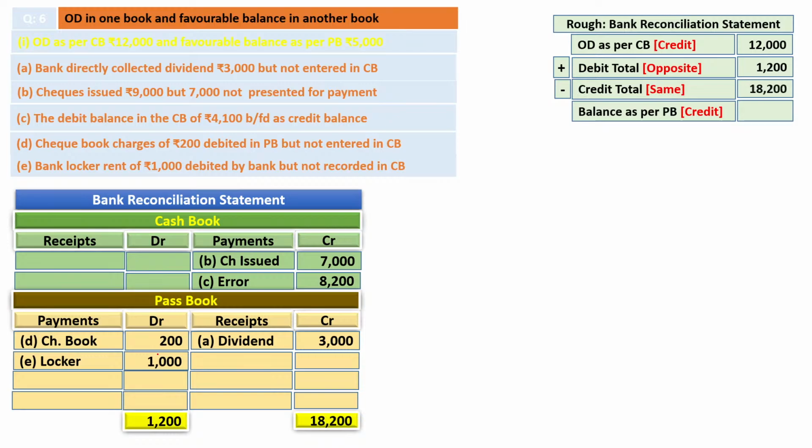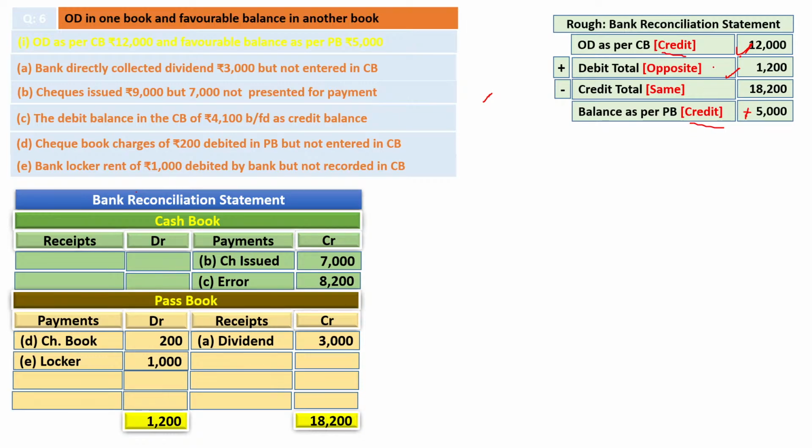12,000 and 1,200, these two values being 13,200. From there, 18,200 rupees is subtracted to get what? A negative value. To make the negative value positive: starting with the credit means ending with the debit.